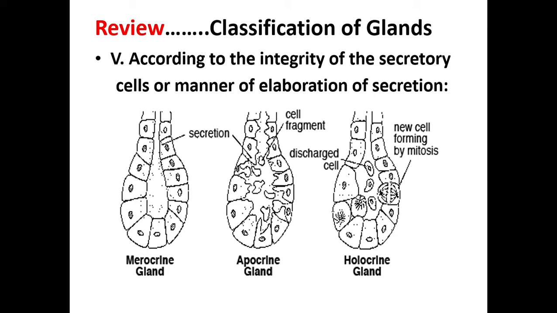In the merocrine gland, the secretory cells are intact, so the secretory cells are not part of the secretion. In the apocrine gland, the secretory cells are partially involved in the secretion. While in the holocrine gland, the whole secretory cells are involved in the secretion.